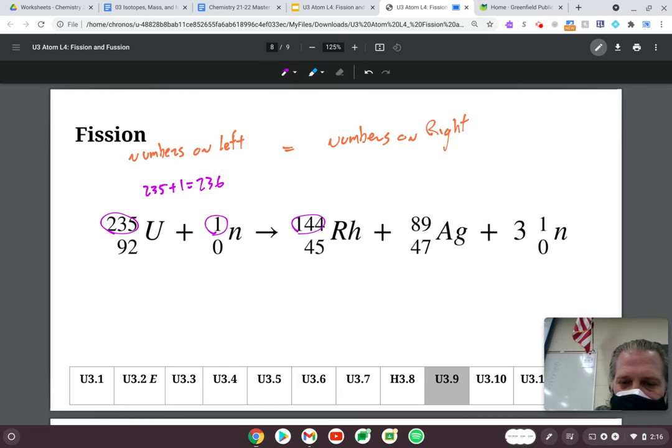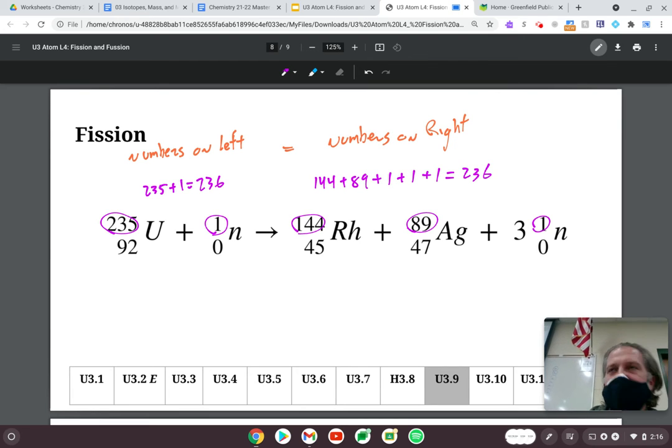So if I look at the mass numbers, 144, 89, and then 1, 144 plus 89 plus 1 plus 1 plus 1 happens to equal 236. The reason I did 1 plus 1 plus 1 is because there are 3 neutrons. Do you see that? That 3 tells me I have 3 neutrons being released.